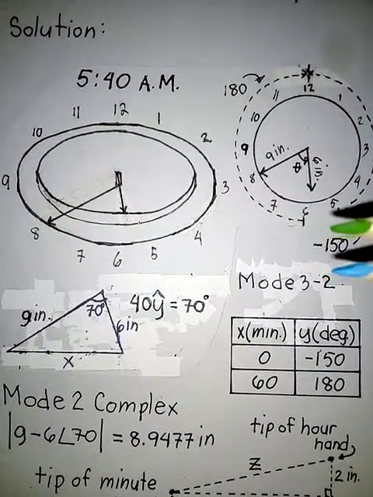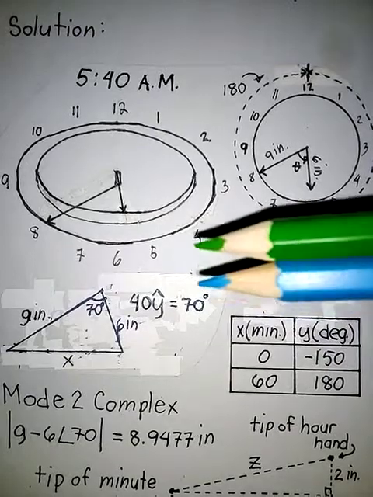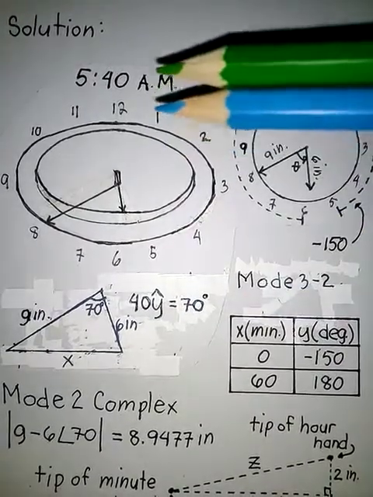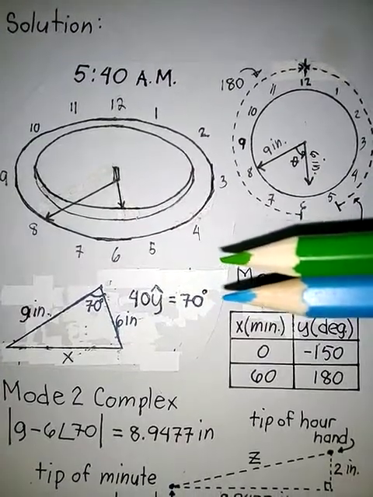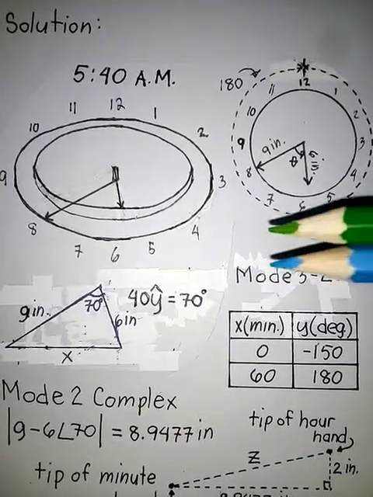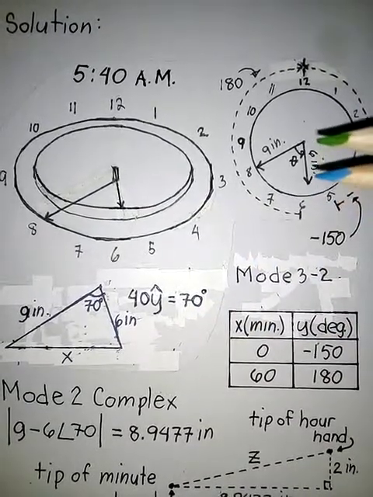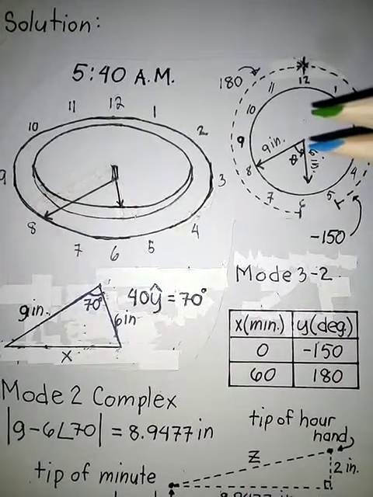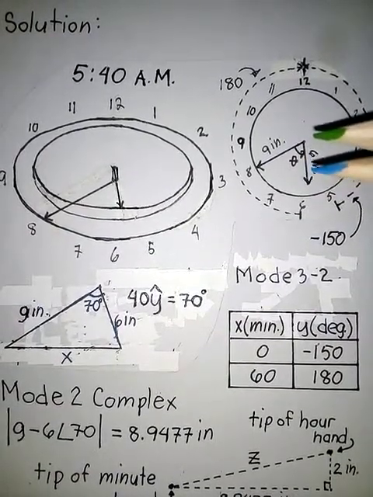Okay. So using mode 3.2, let's have the minute 40. So at x equals 40, y hat is equal to 70 degrees. And that 70 degrees is the angle between the minute hand, which is 9 inches, and the hour hand, which is 6 inches.